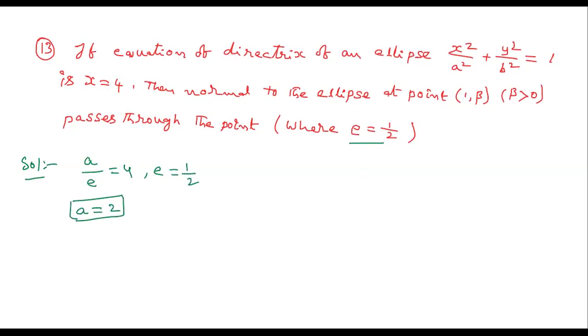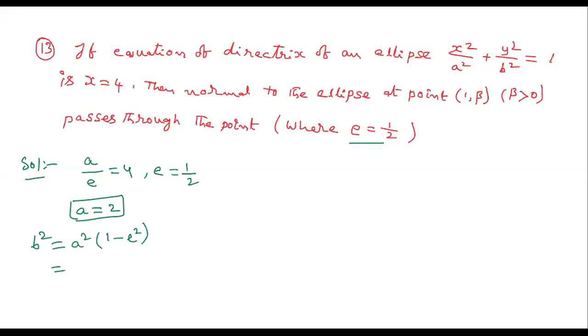Next, after that, the normal to the ellipse at point (1, beta) passes through the point. That is what they are asking. Before going to that, here we need to find b square value. b square is equal to a square into 1 minus e square.